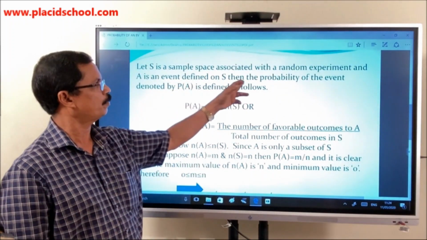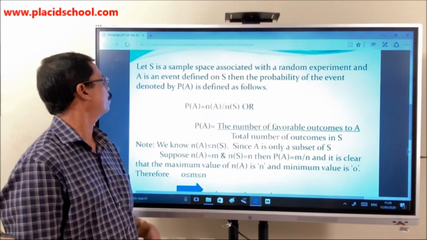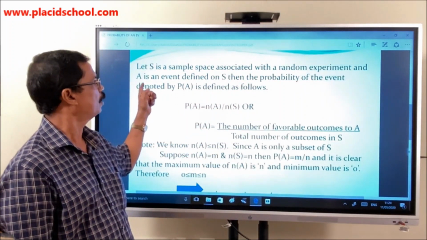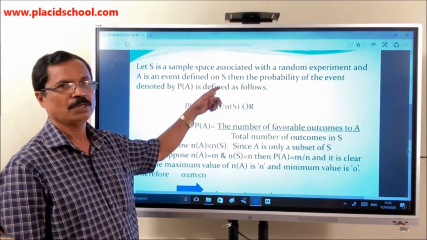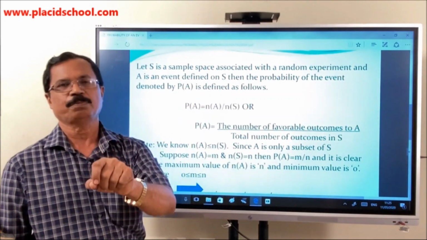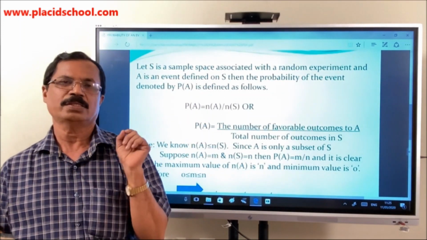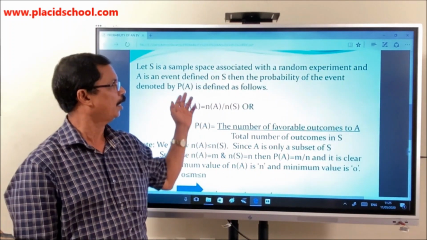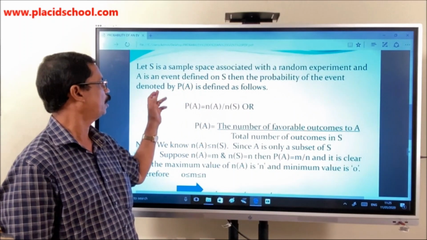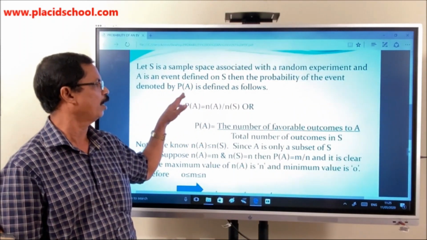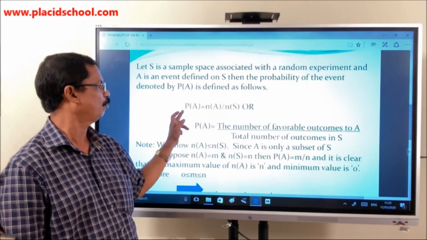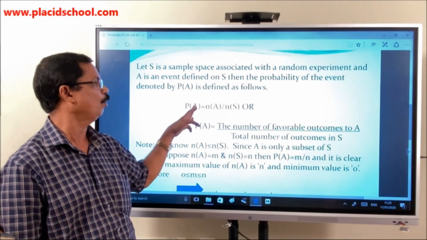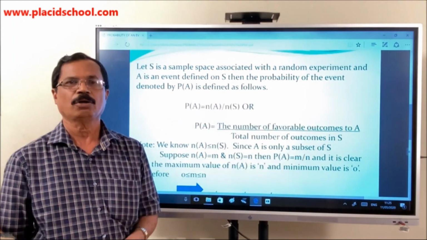Let S be a sample space associated with a random experiment and capital A an event defined on S. So there should always be a sample space and there should always be a subset. Subset means an event. Then the probability of the event is usually denoted as P of A. How is it defined? Look at this. P of A is equal to N of A divided by N of S.